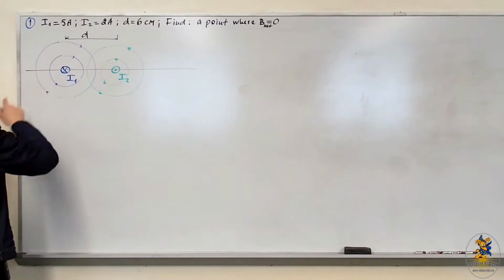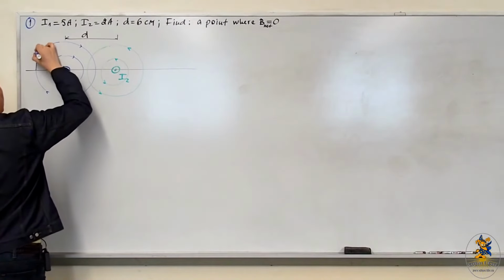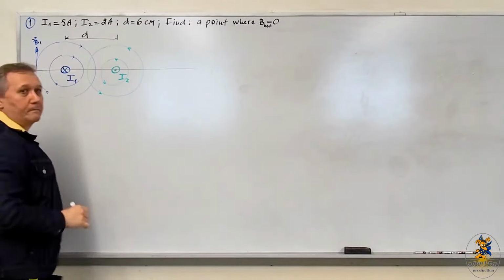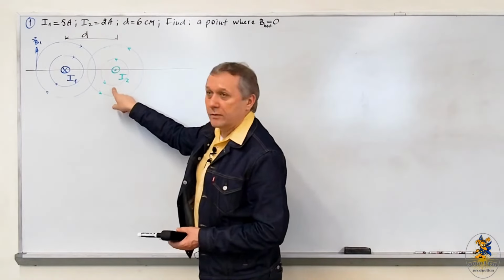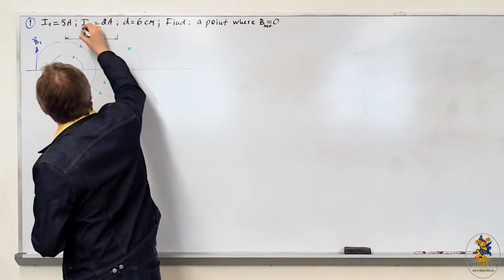So in this region, the magnetic field, you remember, is tangent to the magnetic field lines, so this will be B1. What about the magnetic field created by the green? I can draw one of these green magnetic field lines.